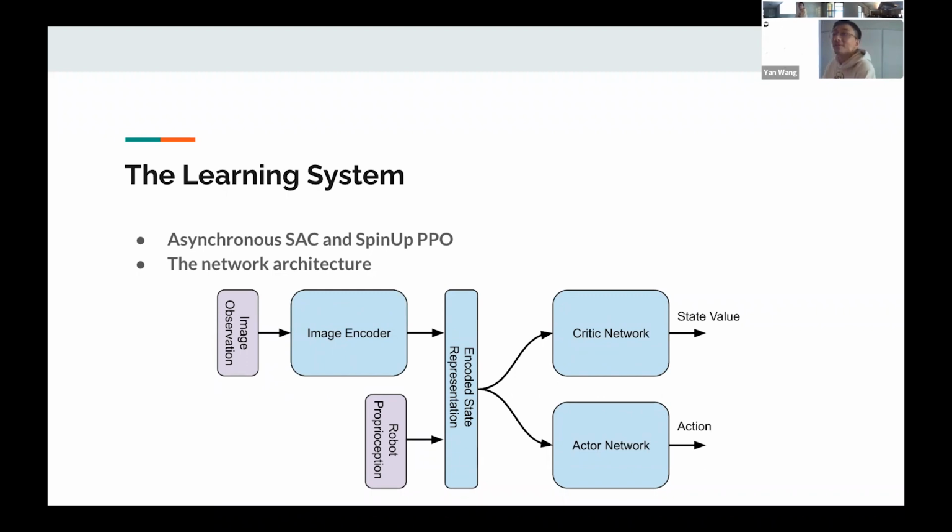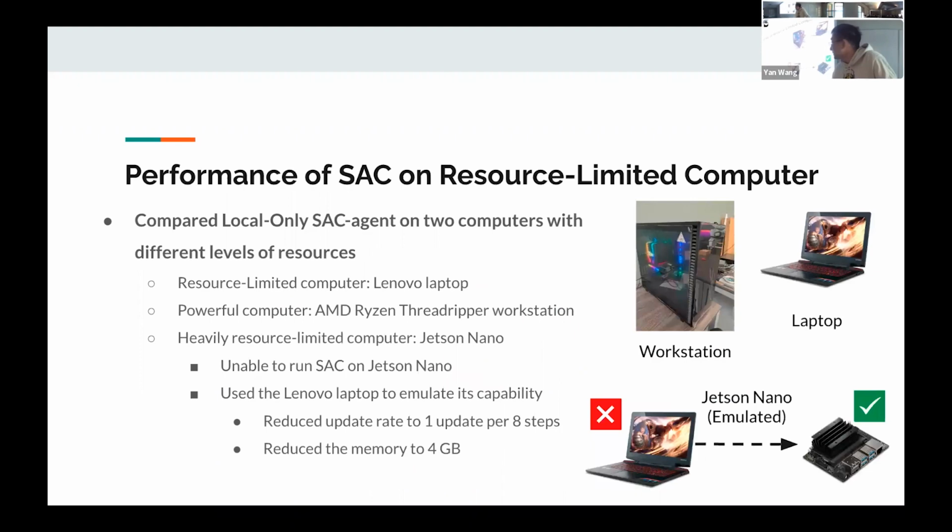It includes three networks: the image encoder network, the critic network, and the actor network. The image encoder network is only used for image-based tasks. The details about the asynchronous SAC and the neural network can be found in their paper.